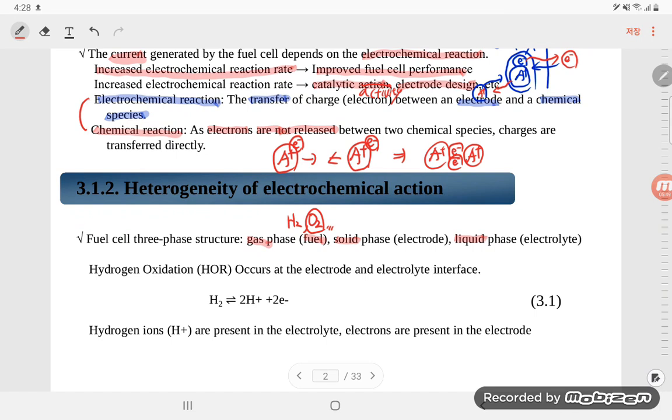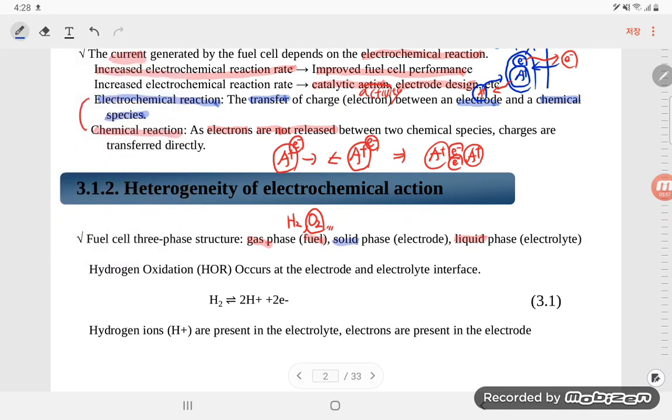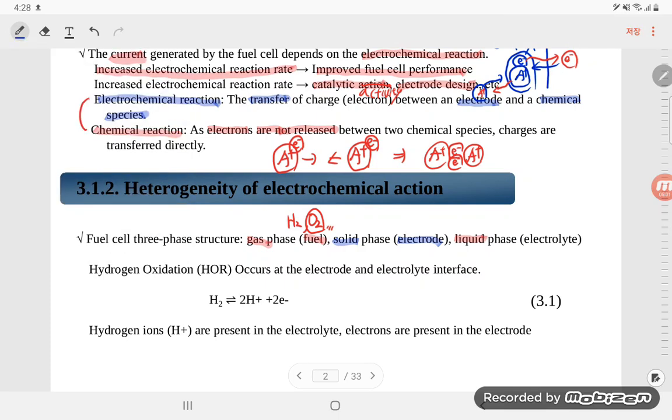And the solid phase means the electrode, right? Solid means electrode, and in this phase the electron can move through it.